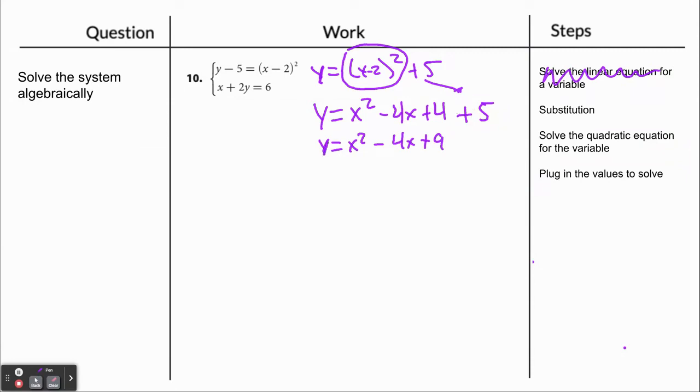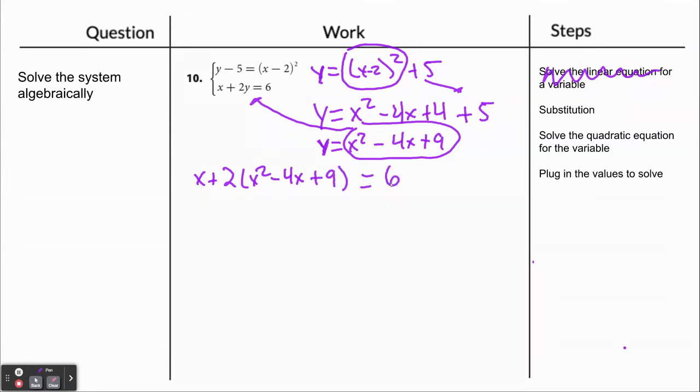And so now I can use substitution by taking everything here and plugging it into this equation. So I get x plus 2 times x squared minus 4x plus 9 equals 6.